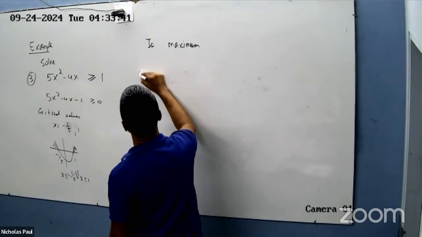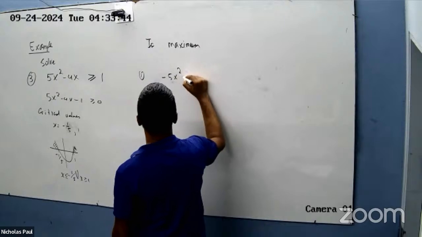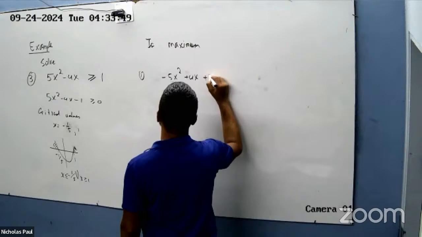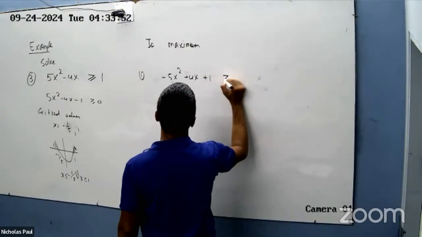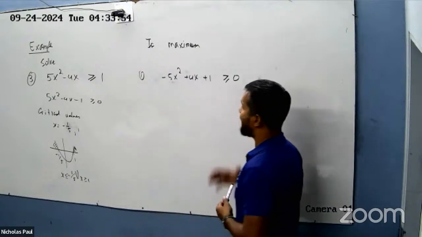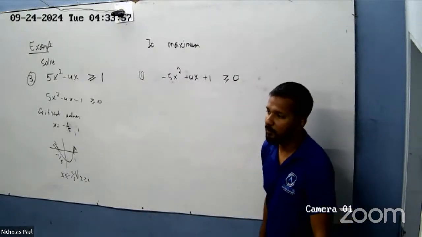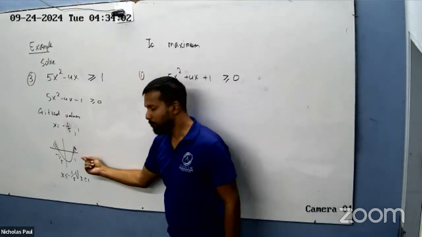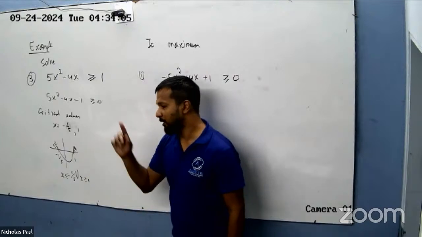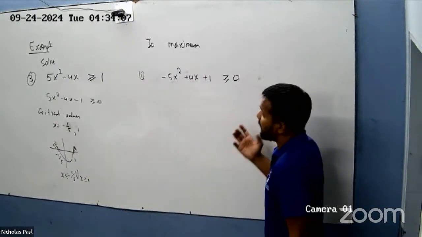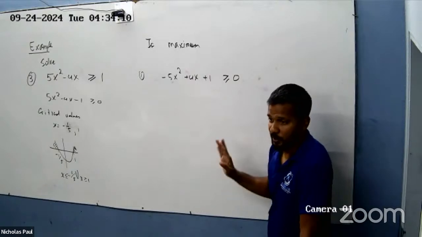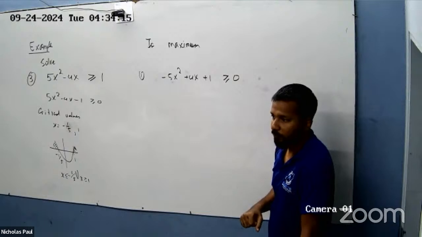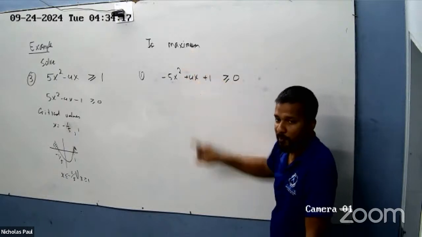Suppose I gave you something like minus 5x squared plus 4x plus 1 is more than or equal to 0. Suppose I ask you to solve something like this. If we go ahead and solve the critical values, you would get them, right? But it wouldn't be shaped like this, so you would have to learn a new set of rules. But I don't want you to learn anything else. I just want you to use what I showed you earlier: how I can convert this maximum to a minimum.